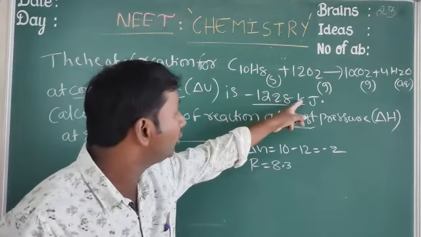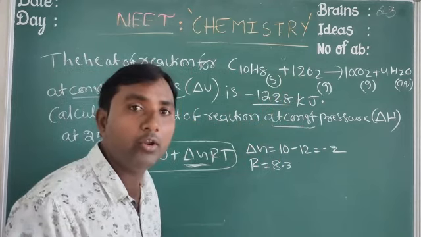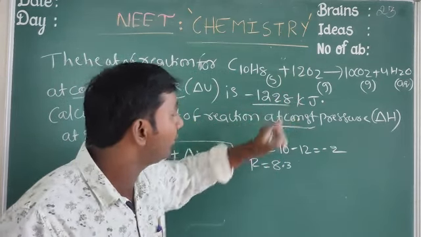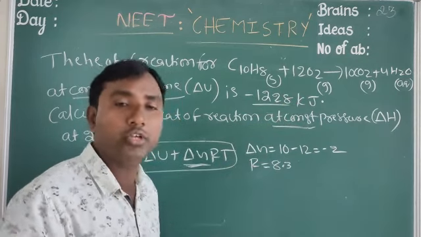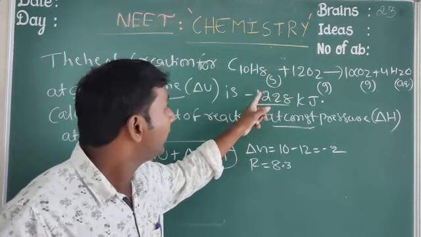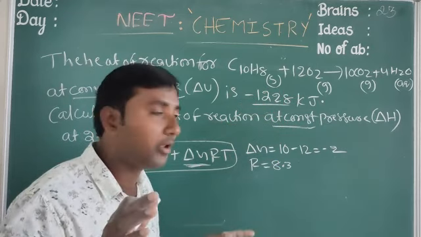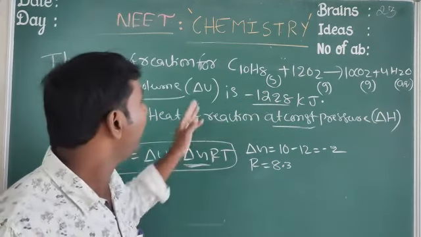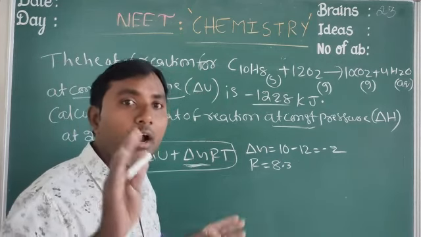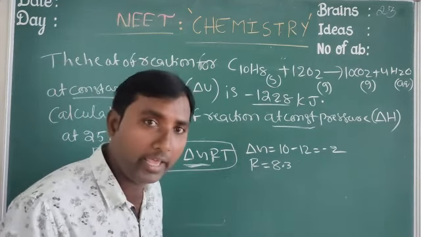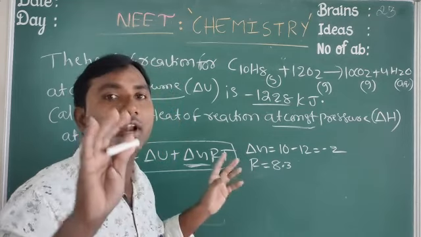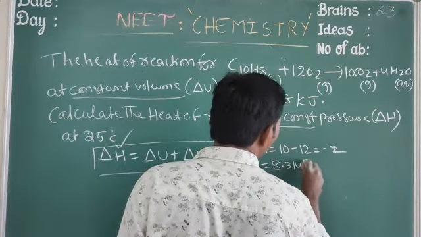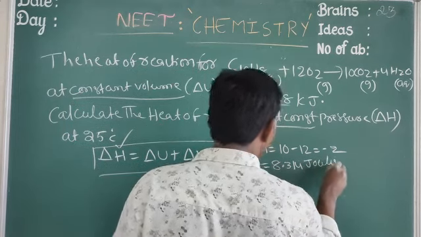If kilojoules are given and you take R value in calories, a wrong answer will come. If heat energy is given in calories, R value should be taken in calories. Depending on the heat energy, you have to take the R value. R equals 8.314 joules.